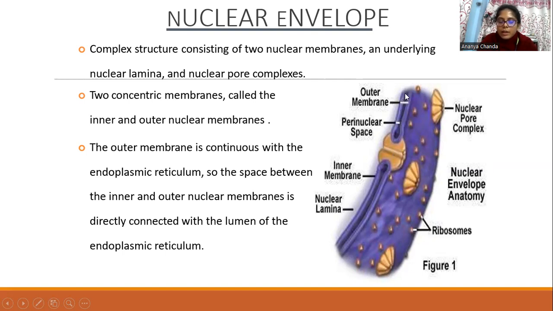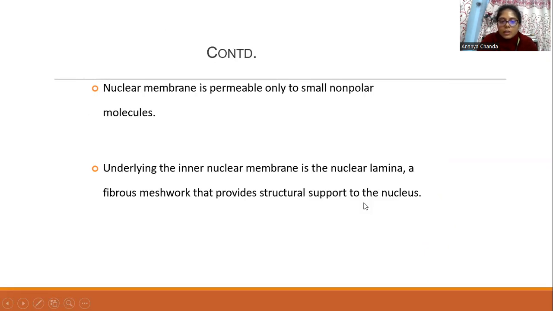The envelope is permeable only to small nonpolar molecules. Underlying the inner membrane of the nucleus, there is the nuclear lamina, a fibrous network-like structure that helps in holding the whole nucleus.